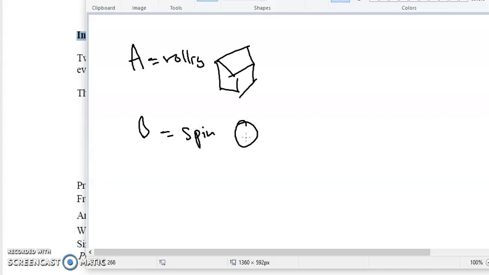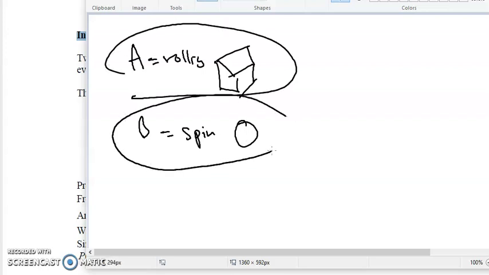Either you get head or tail. So you can see from here, A and B do not affect each other. There is no effect to each other. You rolling a dice doesn't affect you spinning a coin. You spin a coin, it doesn't affect the rolling of the dice. So that's an independent event. They do not depend on each other.